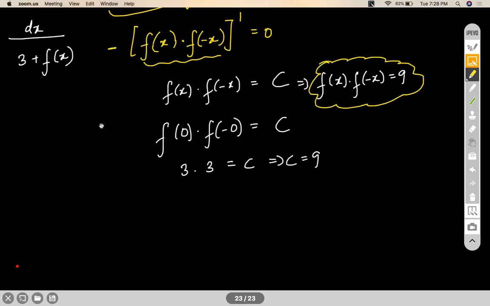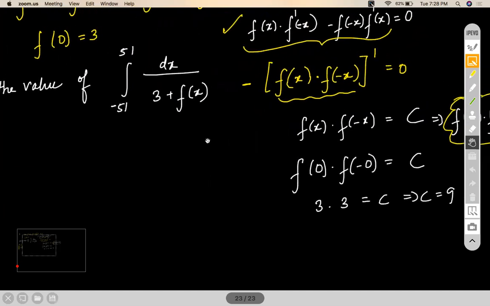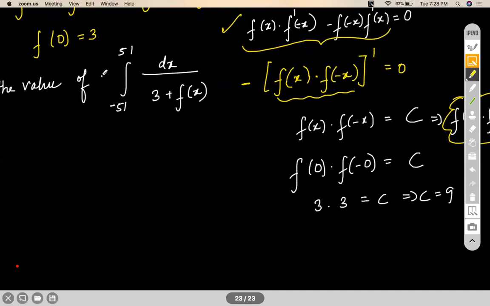Correct? Now, let us apply King's property on this. If you apply King's property on this, a plus b will actually be 0. So you are replacing x with 0 minus x. So correct me if I'm wrong, this is what you will end up seeing.